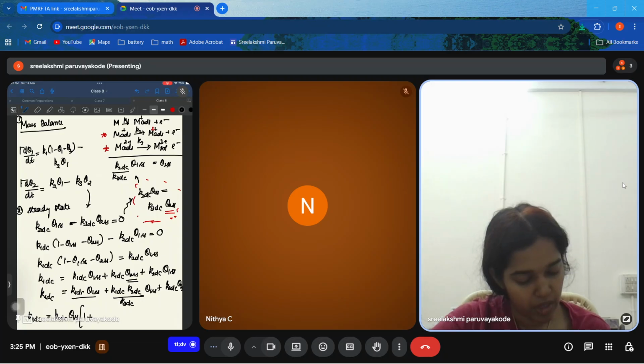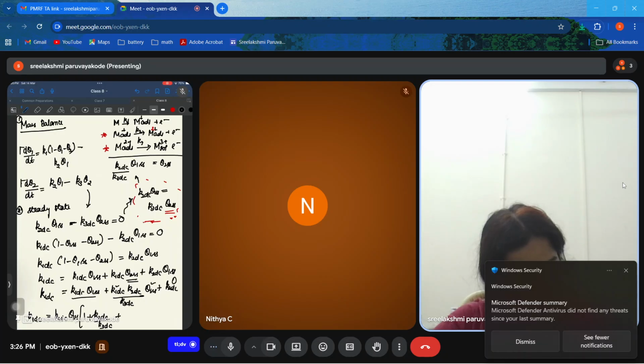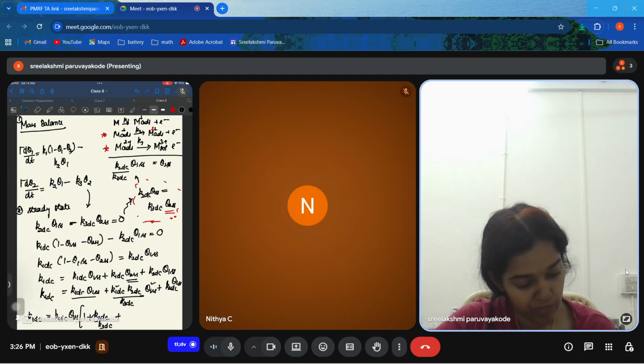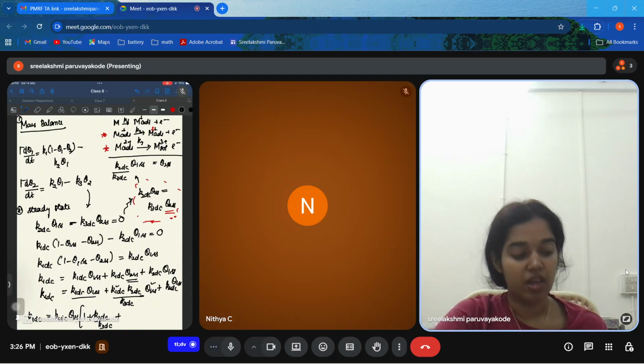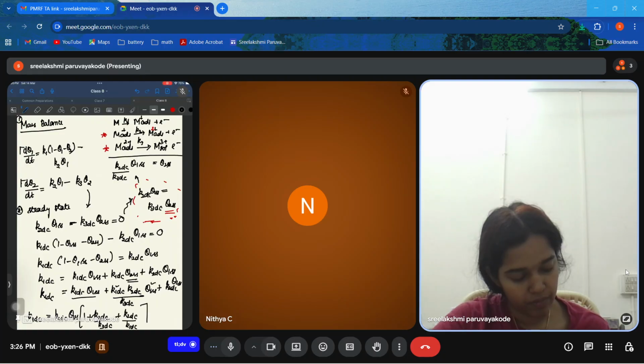K1 dc theta 1 SS taken out from the first term becomes 1. From the second, we have K2 dc by K3 dc. Next expression, we have K2 dc into theta 1 SS. If I take out K1 dc theta 1 SS, K1 dc is not there, so it will simply be K2 dc divided by K1 dc, right?